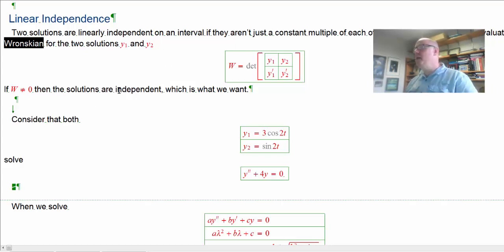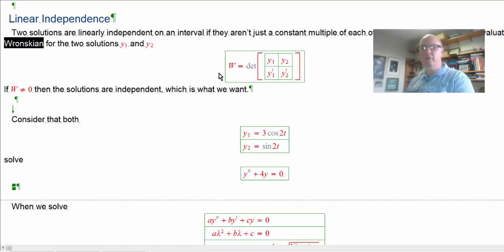That's what we want. If the Wronskian is equal to 0, then the solutions are dependent and we can't use them as a linear combination. I'd be fooling myself thinking I've got two different solutions, just like if I had two parallel vectors, I'd be fooling myself thinking I have two different directions. I've got two versions of the same direction.